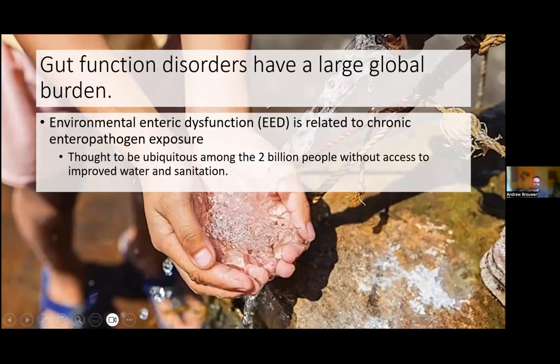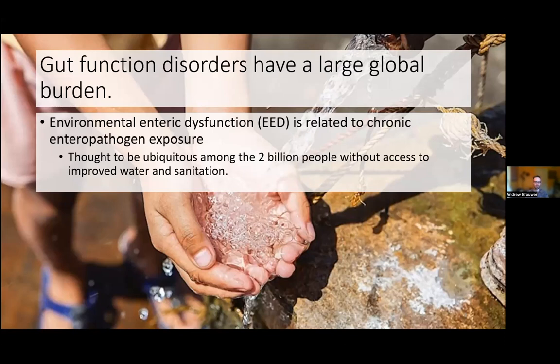So where I want to start is thinking about gut function disorders. Gut function disorders really have a large global burden. Chief among these is something called environmental enteric dysfunction, or EED.